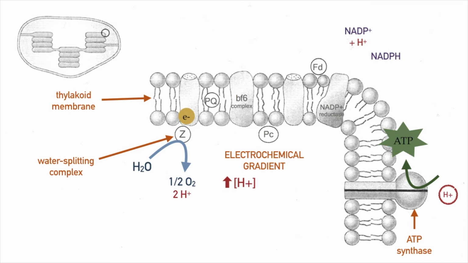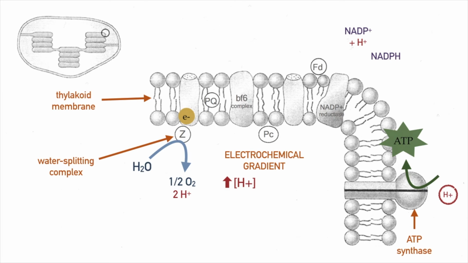The whole point of the light reactions of photosynthesis was to make molecules of ATP, which we've done through the creation of an electrochemical gradient by the high concentration of protons in the lumen of the thylakoid. And we've reduced NADP+ into NADPH by adding high energy electrons.